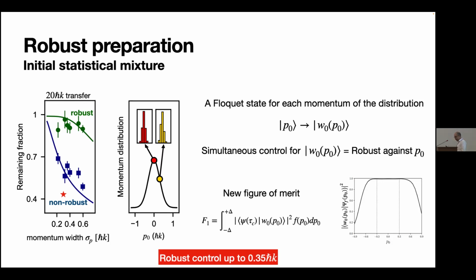So for this acceleration, which is 20 h-bar-k, we have almost a perfect acceleration, and we verified by changing the temperature that we are still robust over a large range of temperature, and actually we have shown that we can be quite robust over 0.5 h-bar-k, which is typically what people can use in metrology experiments with a velocity selection of your source.